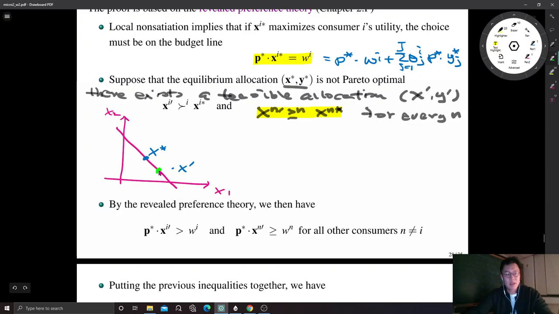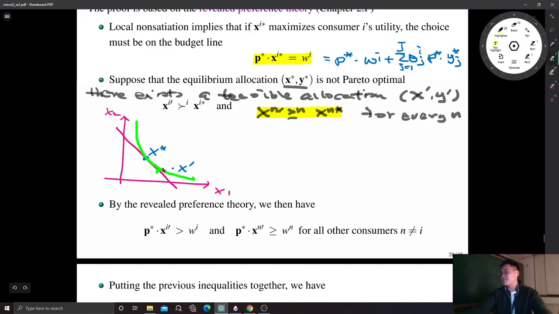The consumer chooses X star instead of X prime because those two are indifferent, right? Maybe the indifference curve is flat, a line segment in this region, so the two bundles might be indifferent, and the consumer randomly chooses X star instead of X prime.